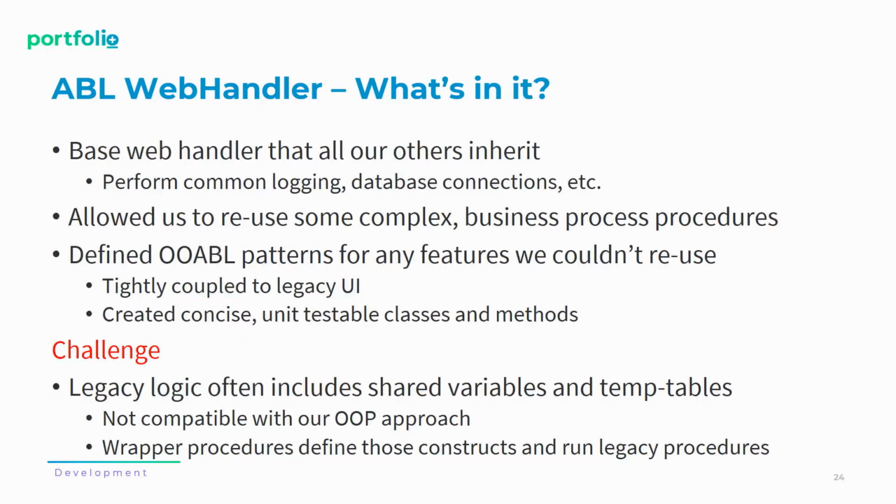So that leads into what's in these things. What we did was write one core implementation of the web handler, and all of our requests flow through this. It's just a class that does a lot of common processing, right? And then all of our specific handlers, and there's lots of them, basically for every URL resource or business process that we expose through the API, there's a web handler for that.